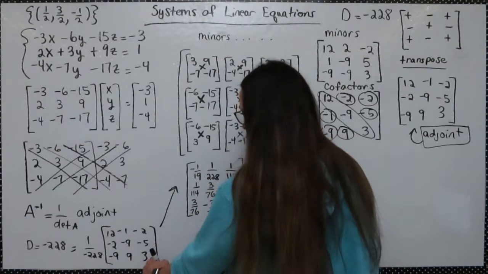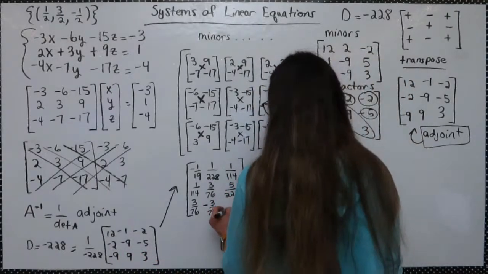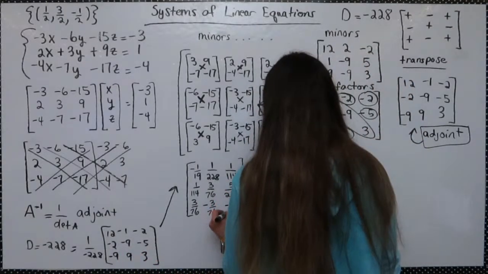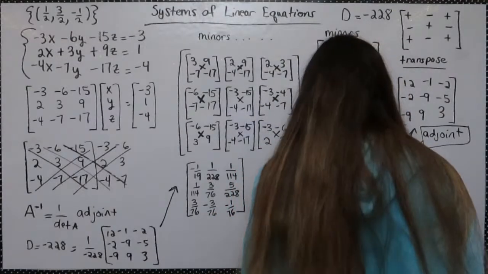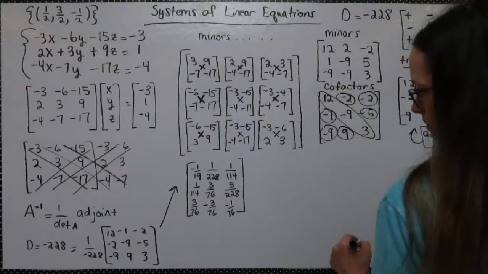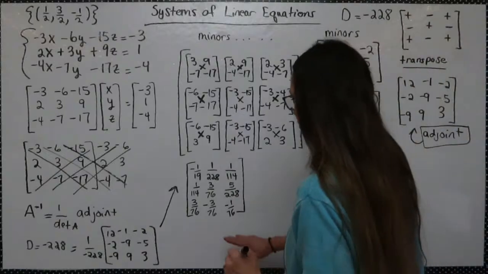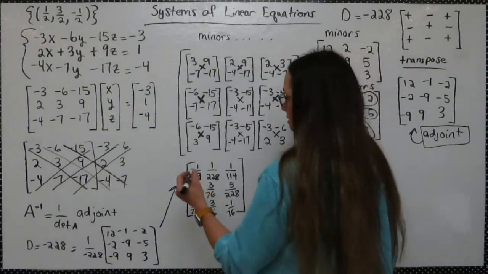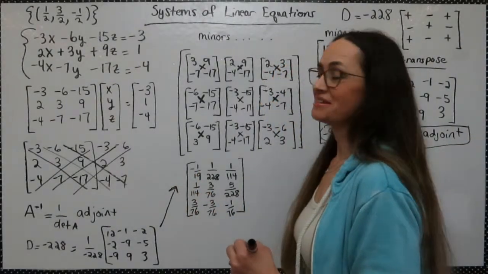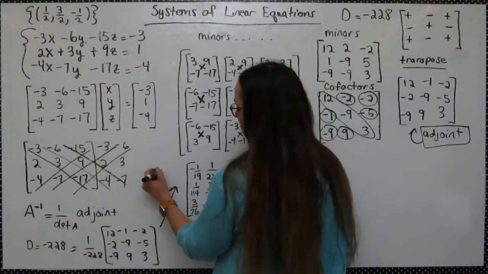And then one more. We know that 3 goes into 228. This is going to be negative 1 over 76, I believe. Yeah. All right, so let's go with it. If we calculated correctly, which I'm really hoping we did, this is my A inverse.